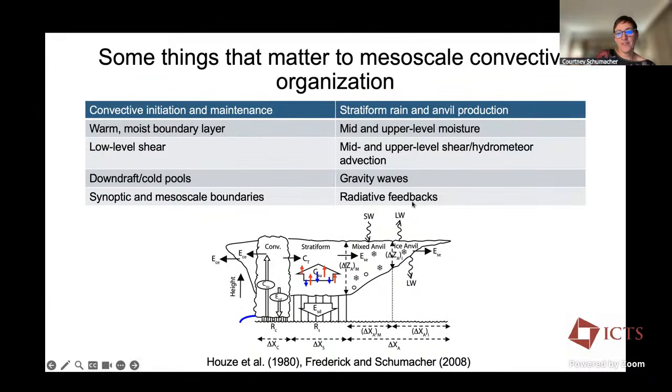And then the radiative feedbacks can definitely impact especially anvil, but the stratiform cloud as well. So these are different things you can think about to make something realistic in a model world or a theory world. These are things you have to think about.